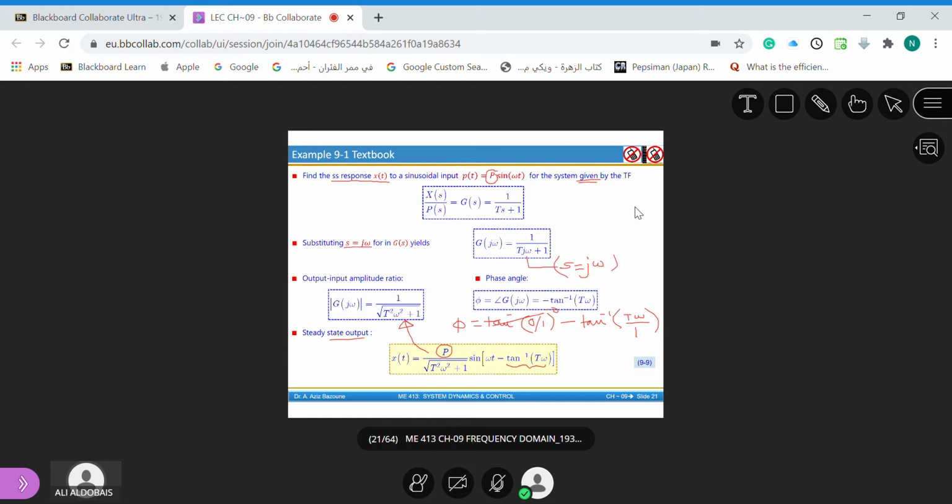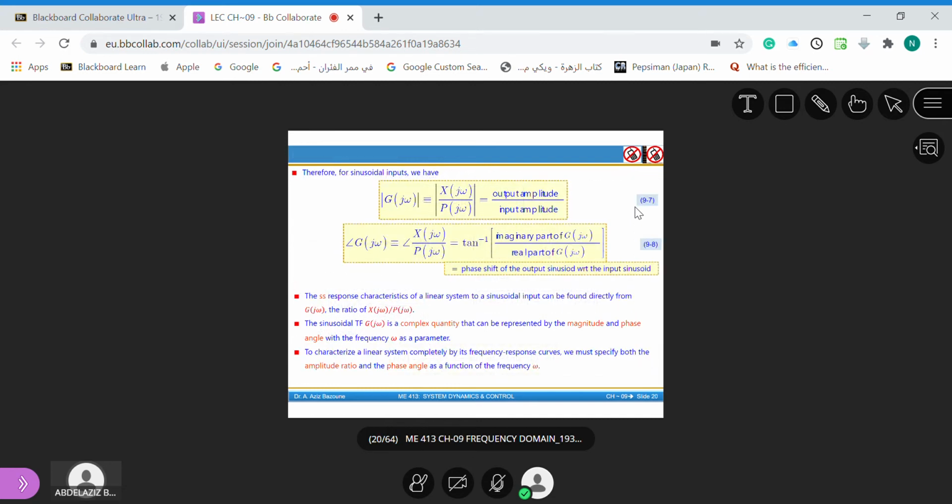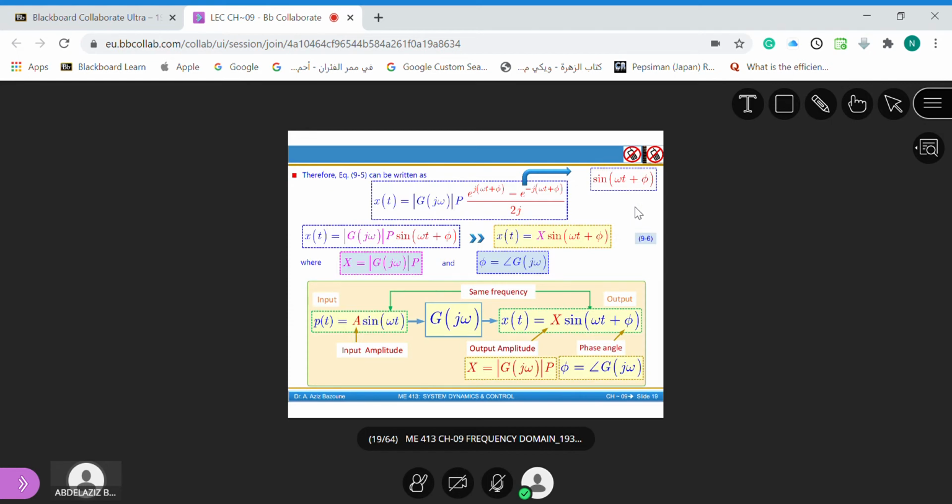Doctor, can you go back to the output and input? How did we get it? This is the input, A sine ωt. The output will be X sine(ωt plus phi), where X is the magnitude of G(jω) times A, the amplitude of the input.